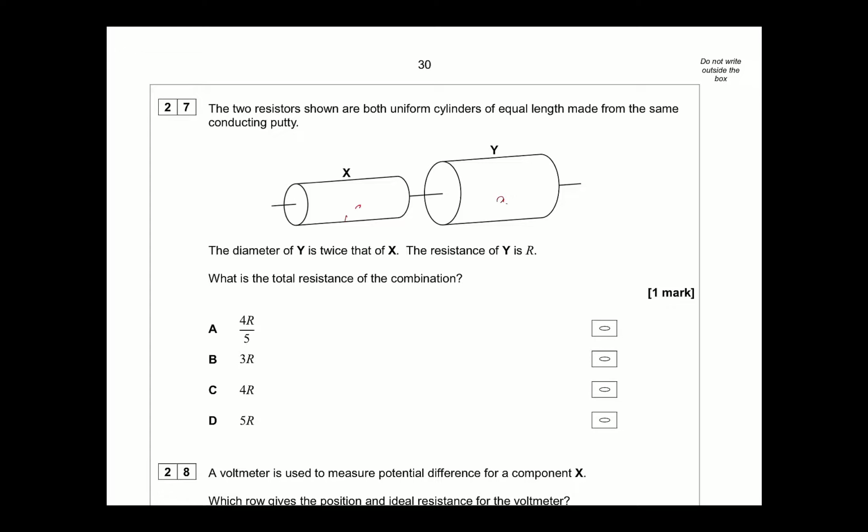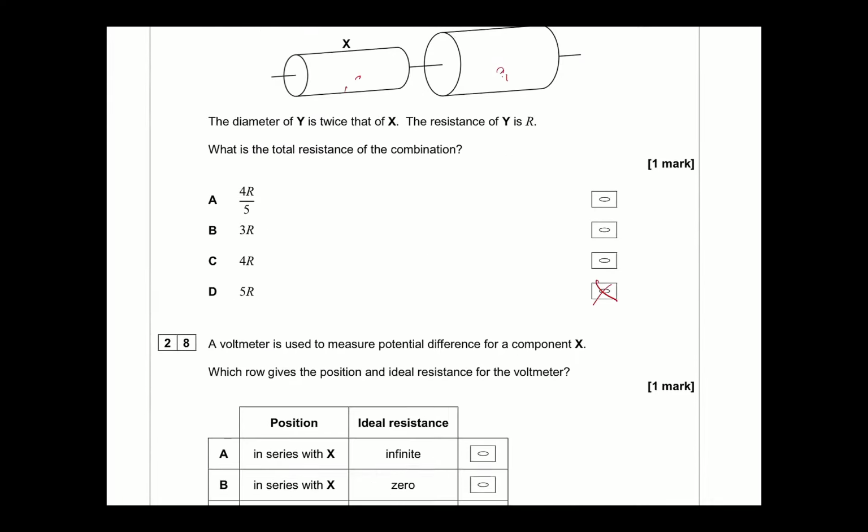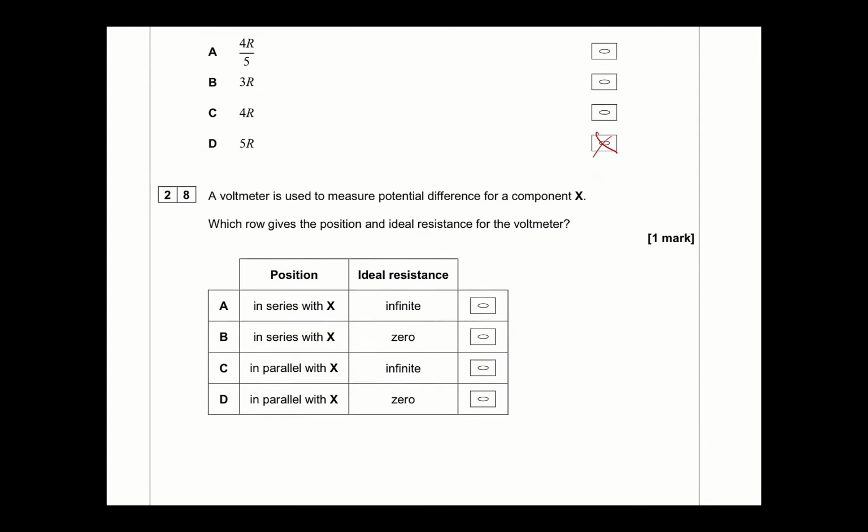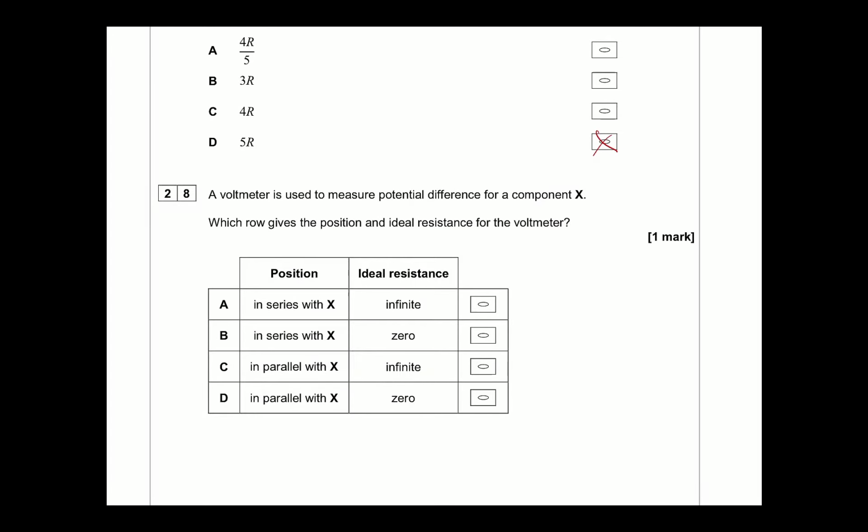Oh, Y is an R. Okay, so Y is R. This is 4 times, so it's 5R. Yeah. Okay, 28. A voltmeter is used to measure the potential difference across X, with ideal resistance. So it's in parallel with X, and it has infinite resistance.